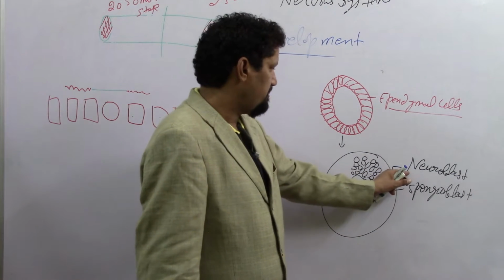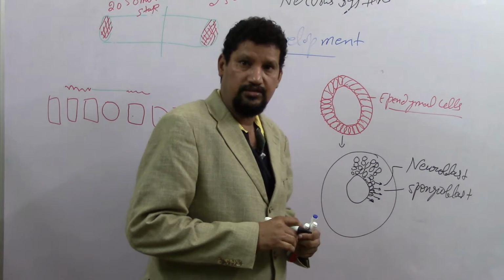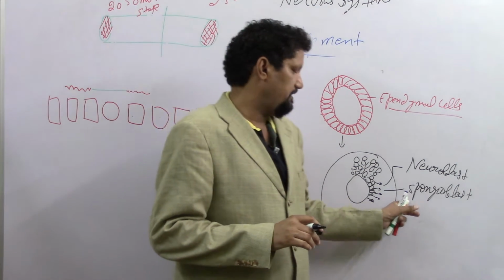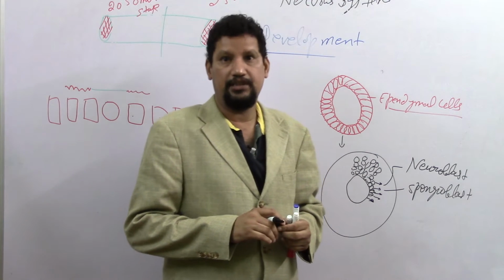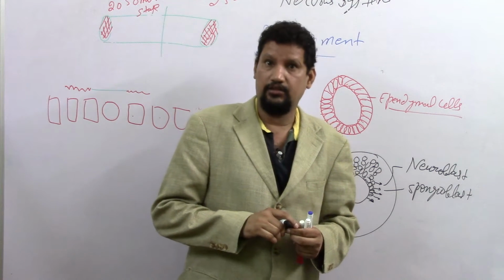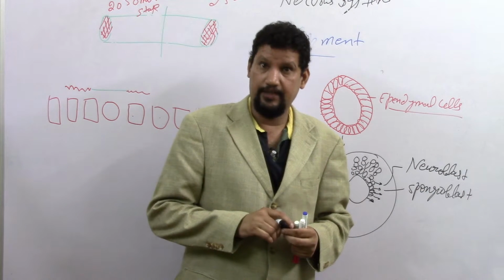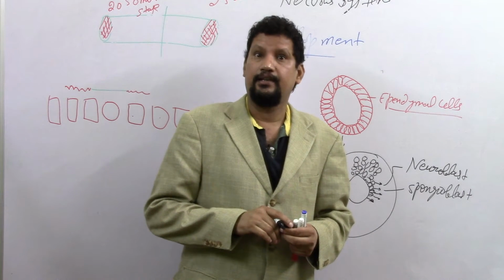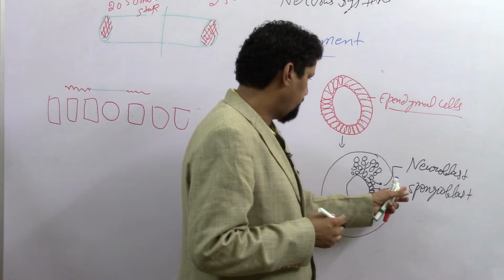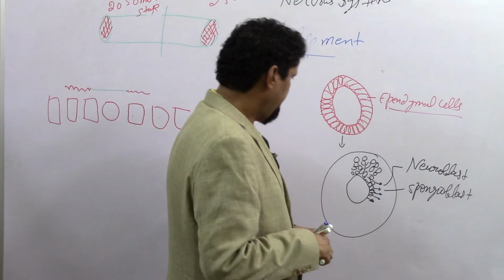These neuroblasts will form the neurons, or the conducting system of the nervous system, and the spongioblasts will form the non-neuronal cells, or glial cells, that is oligodendrocytes or oligodendroglia, astrocytes and the other types of connective tissue cells of the CNS.